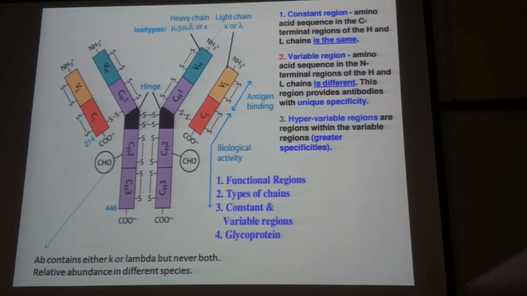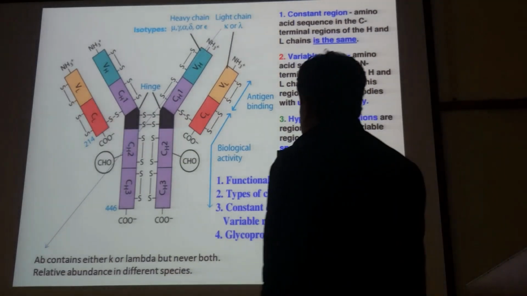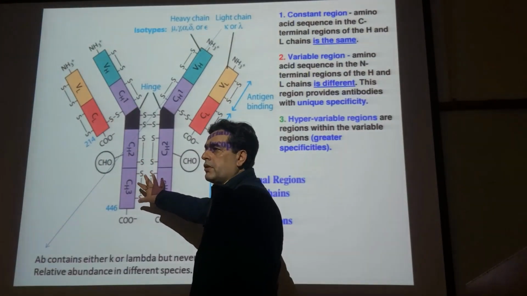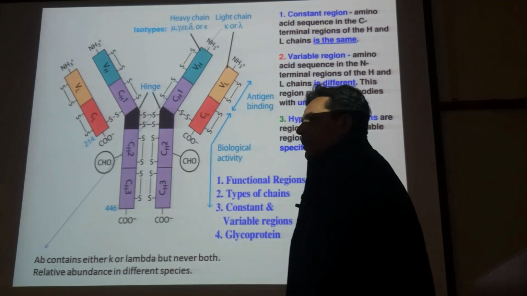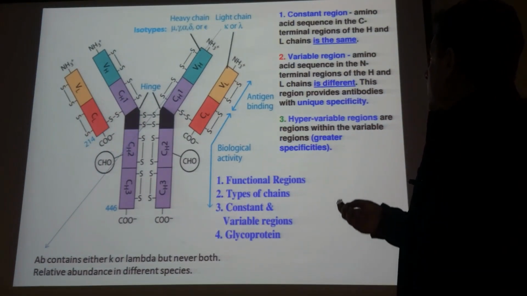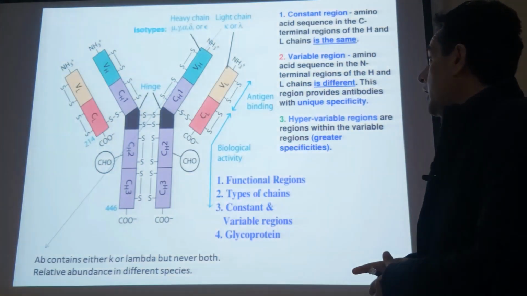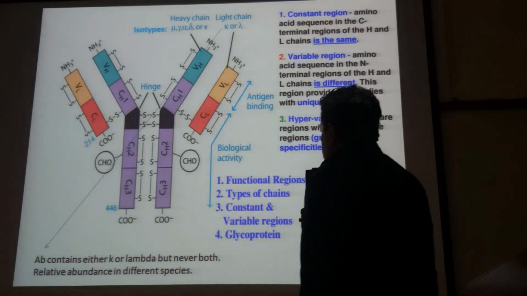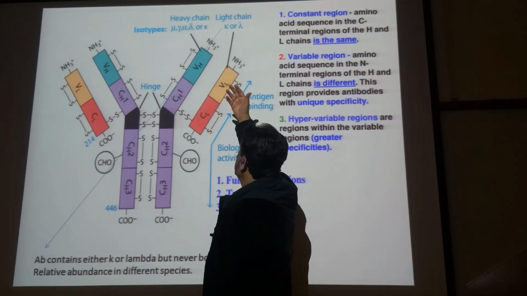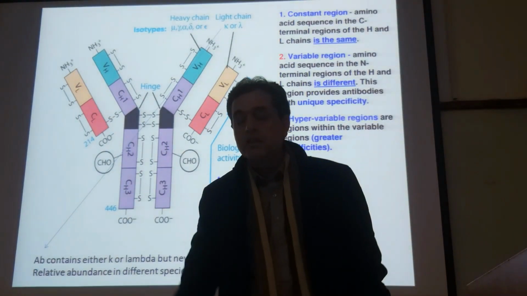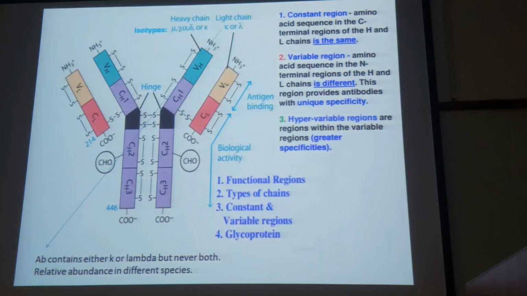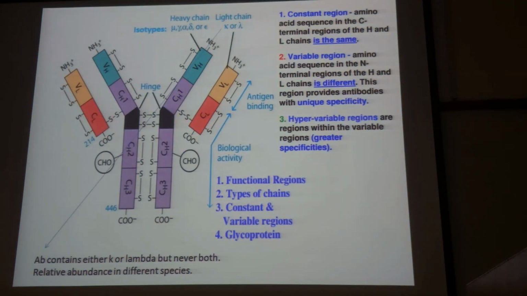So if you look at the significance of these multiple isotypes, they usually would remain the same in case of different antibodies. But if you look at the light chain, kappa and lambda, in different antibodies this can either be a kappa chain or a lambda chain, but never both.